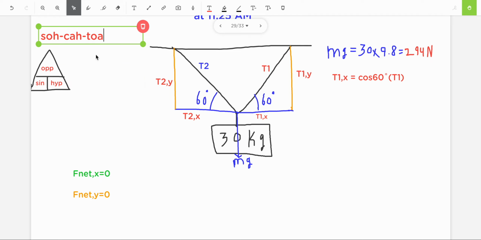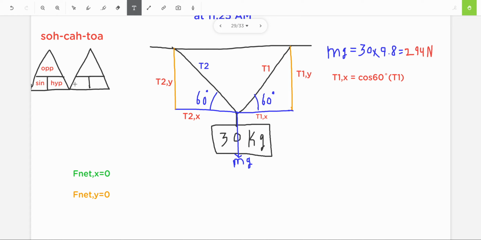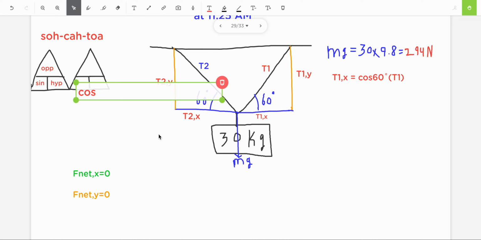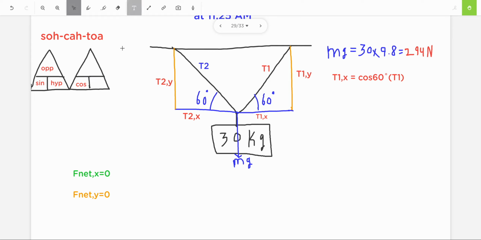And also for cosine, you will have it as the following: cosine, adjacent and hypotenuse.